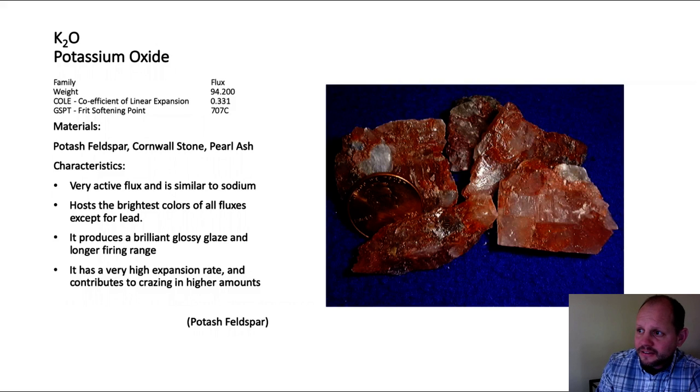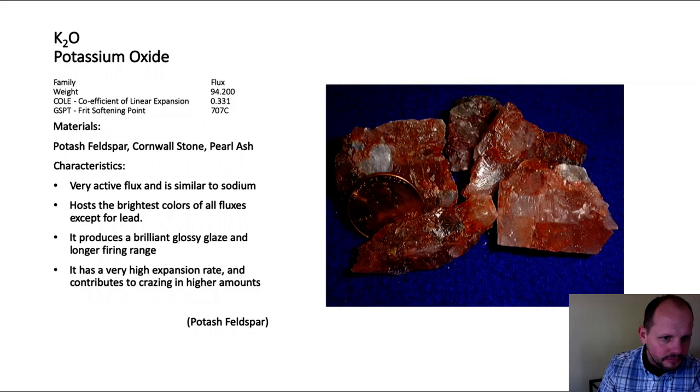However, these metals are really, really active fluxes over a really wide range of temperatures. So they're really important to have in pretty much every glaze that you make. They also have really high color responses. The saturation levels of color in these glazes are usually really high.